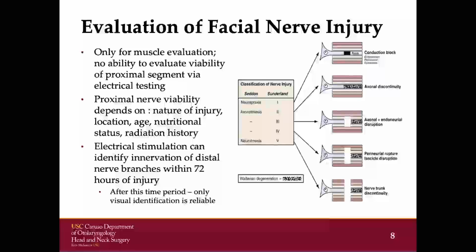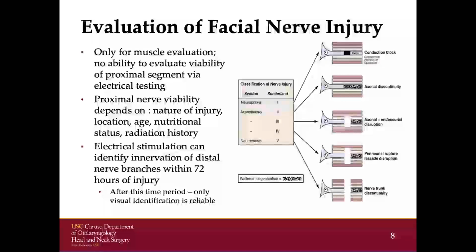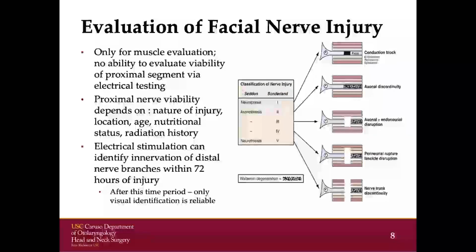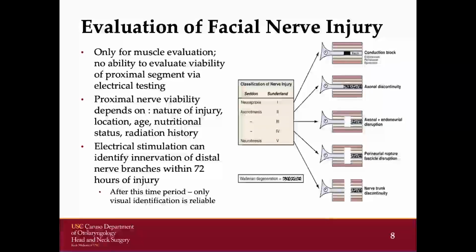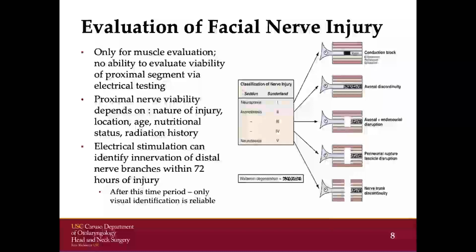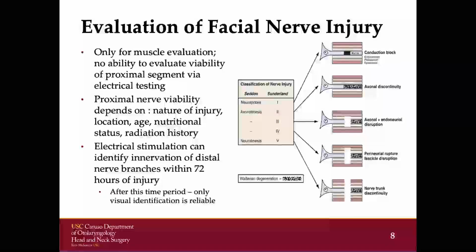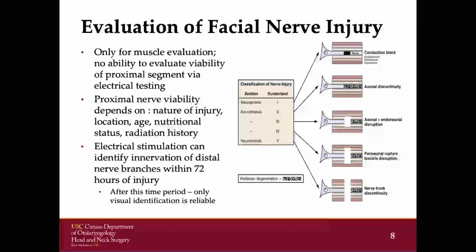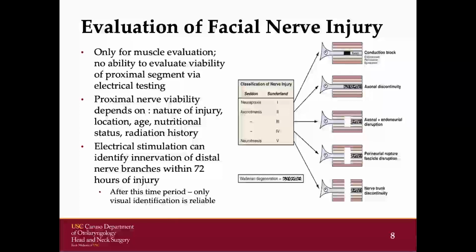So when we evaluate the facial nerve for injury, there is currently no ability to evaluate the viability of the proximal segment via electrical testing. We're basically only evaluating the neuron and the attachment to the motor neuron endplate. So the proximal nerve viability really depends on the nature of the injury.